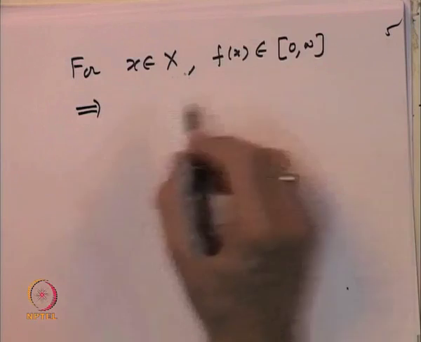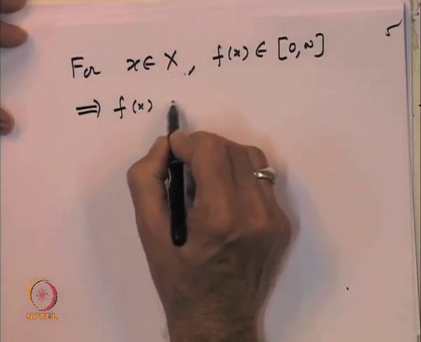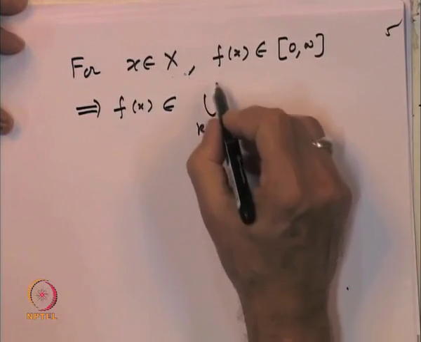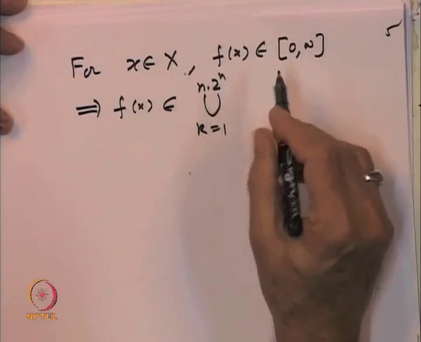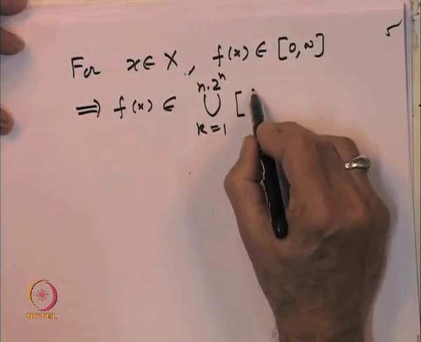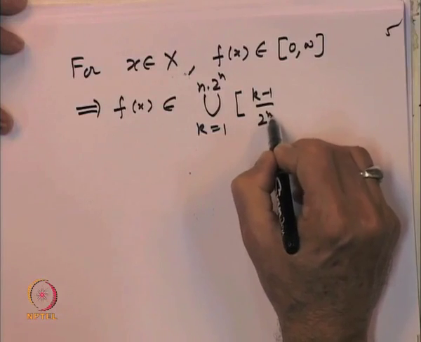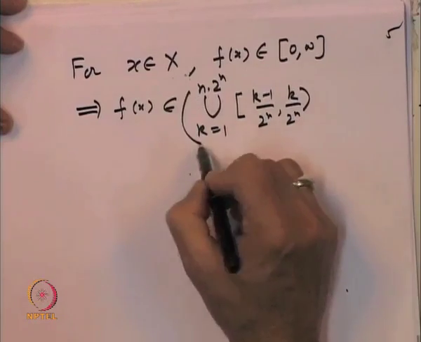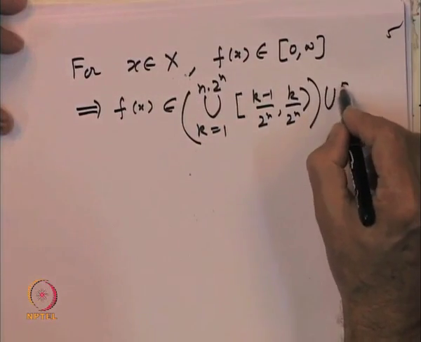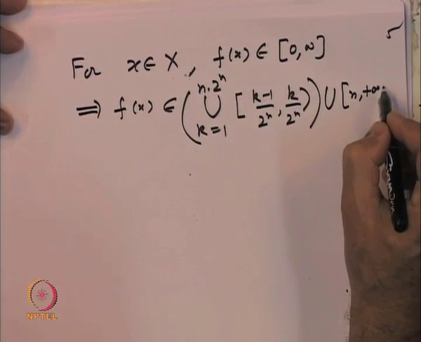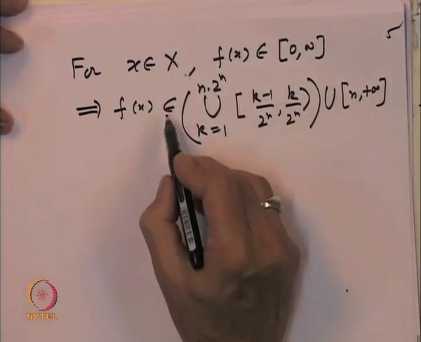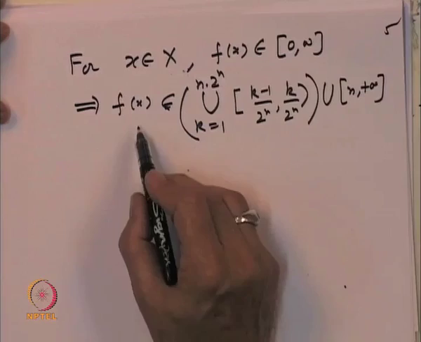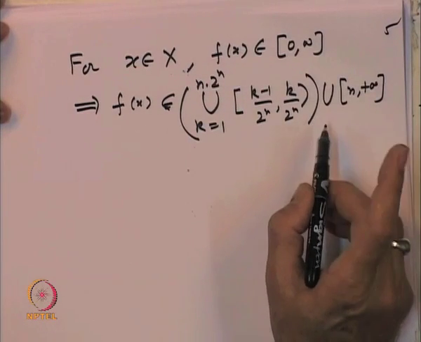So, f of x belongs to that partition that we have designed: k equal to 1 to n times 2 to the power n of the interval k minus 1 by 2 to the power n to k by 2 to the power n open, and this union n to plus infinity. Now, this is a disjoint union, so f of x will belong to only one of them.